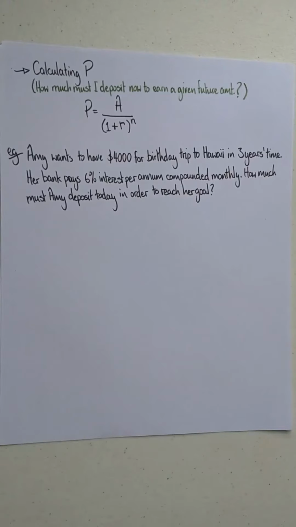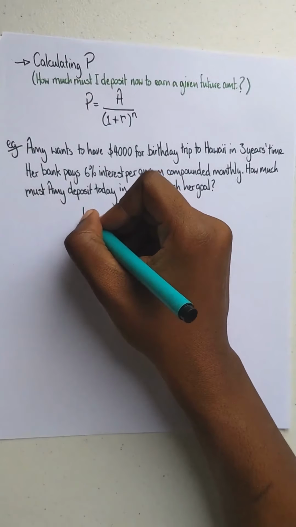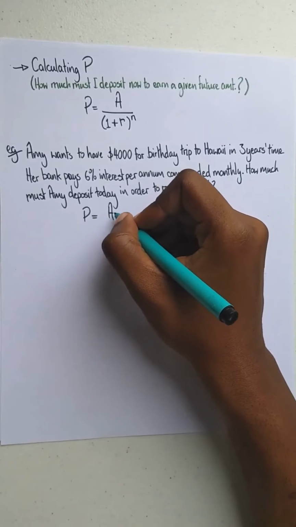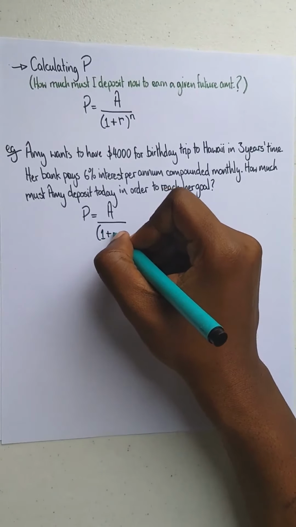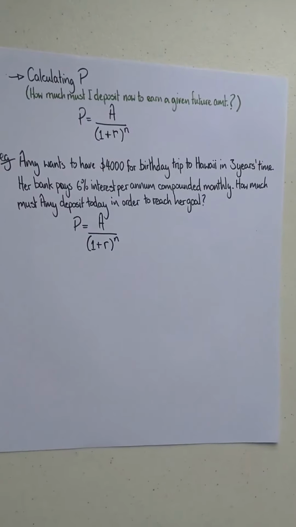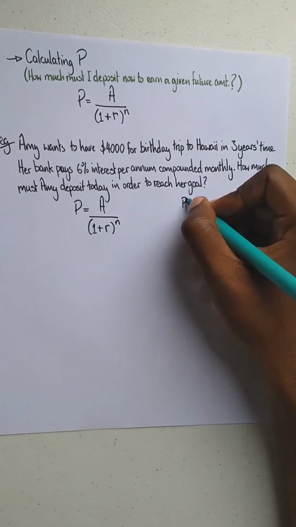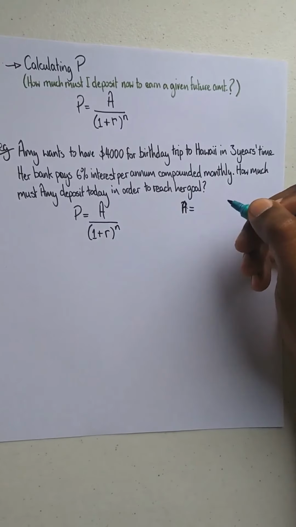If we want to know how much she must deposit today, we're trying to solve for P. P is A divided by 1 plus R raised to the power N. As always, it helps to establish what we are trying to solve for. A is the future amount that she is trying to reach, $4,000.